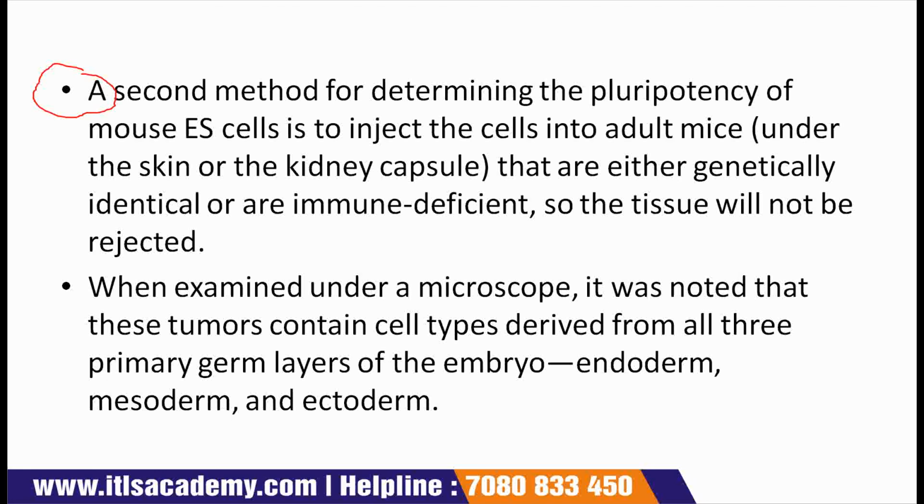If we talk about the second test, a second method for determining the pluripotency of mouse embryonic stem cells is to inject the cells into adult mice, and this was under the skin or the kidney capsule, of mice that are either genetically identical or are immune deficient, so the tissue will not be rejected.